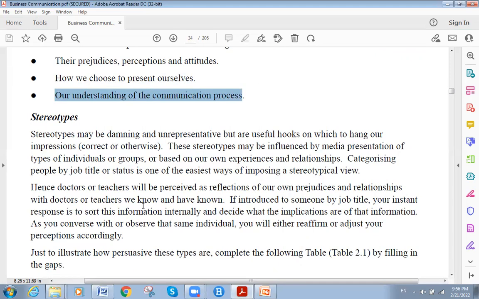What is the meaning of stereotype? Stereotype means I saw a person, he was a thief. He stole my purse. So I might say, in my opinion, that this guy, all his community are like him. I just generalized all the bad characteristics of this person to his whole community.